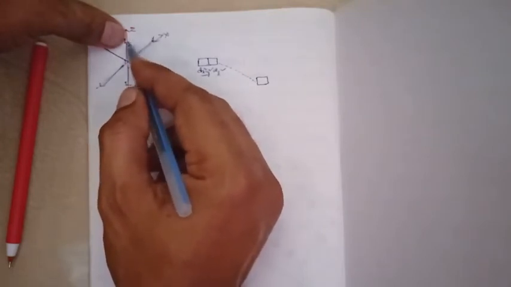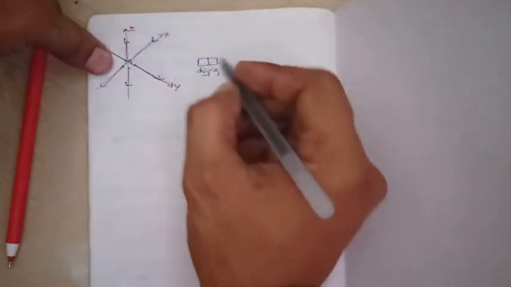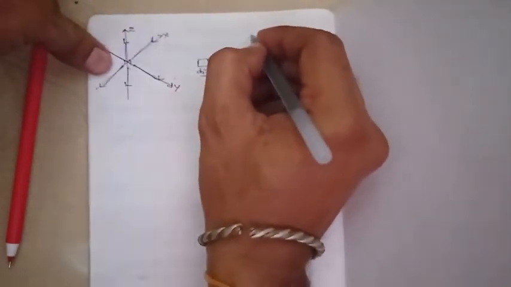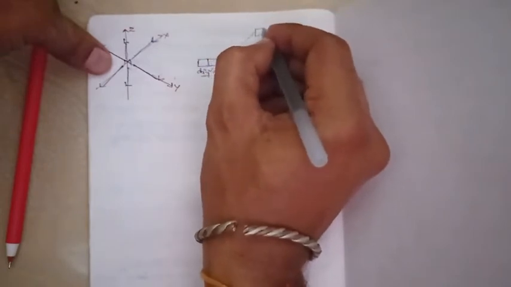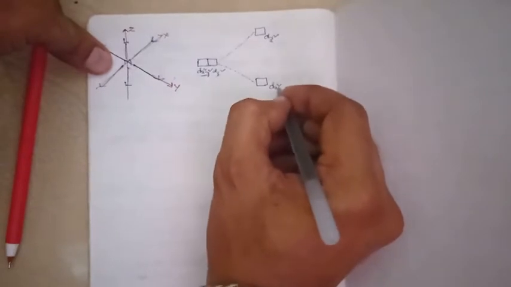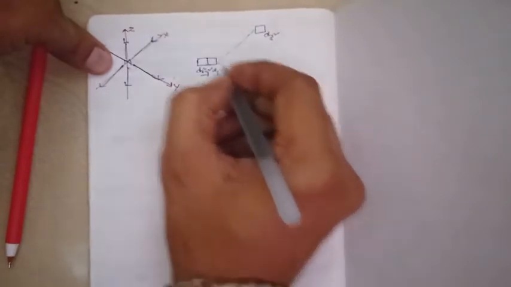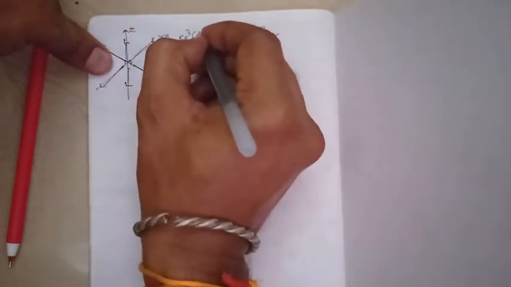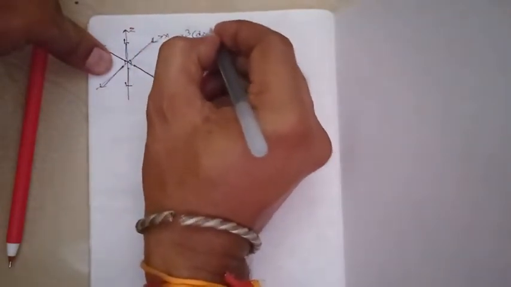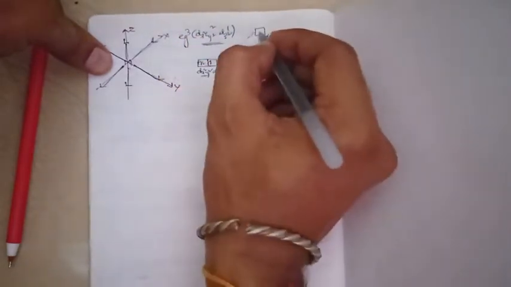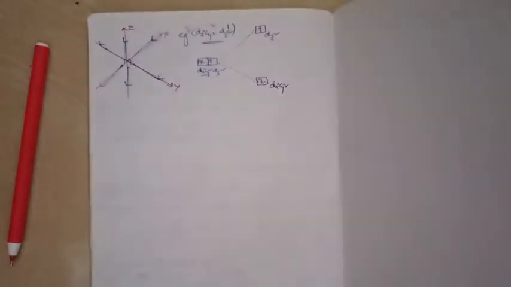Having high interaction between the dz square orbital and ligand negative charge, it gets repulsed and destabilized, reaching higher energy. So this is the case of eg3, where dx square minus y square has 2 electrons and dz square has 1 electron. So the splitting will be like this.